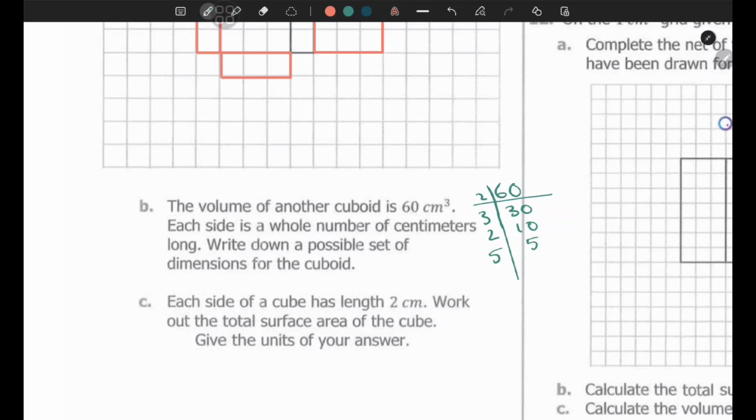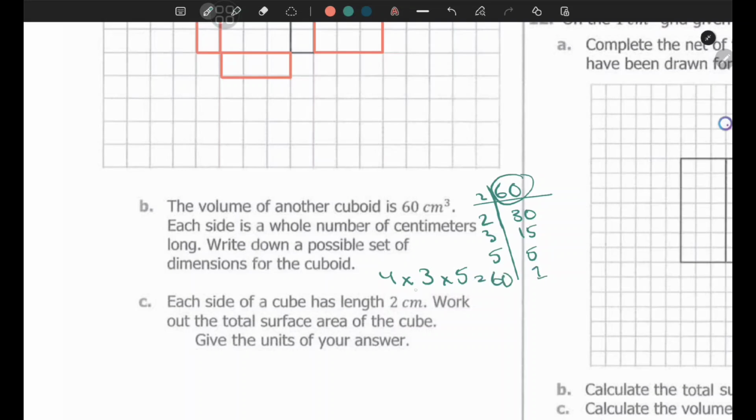So if we have 3 values which we multiply and get 60, we can get 4 multiplied by 3 multiplied by 5, right, which is going to give us 60.